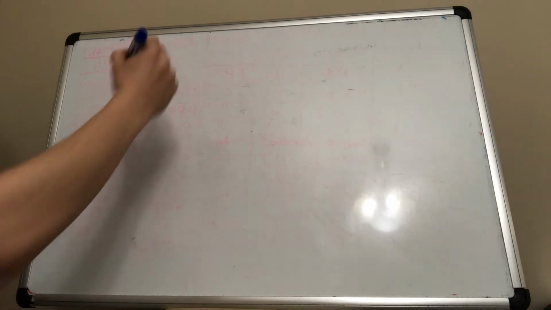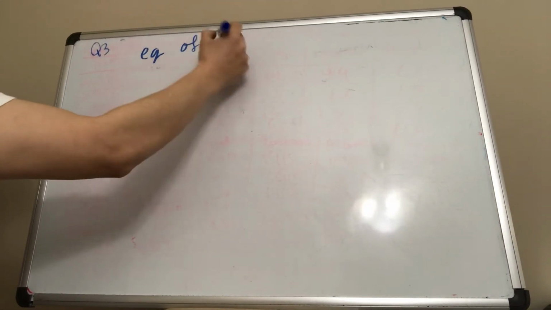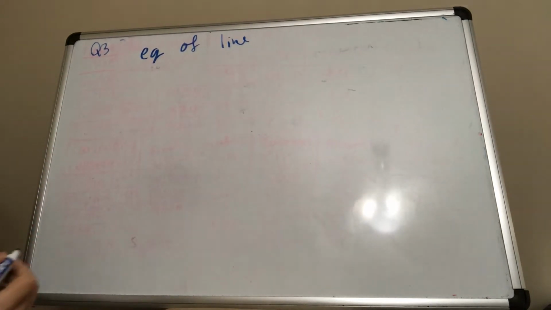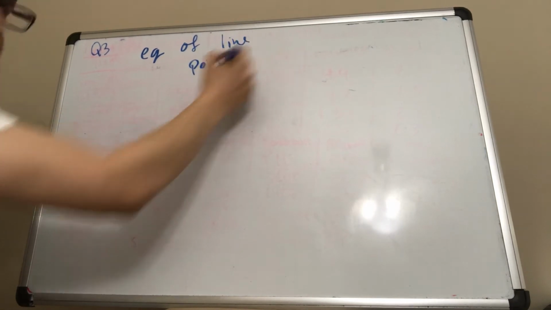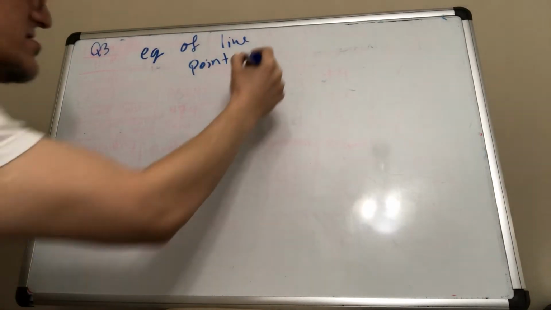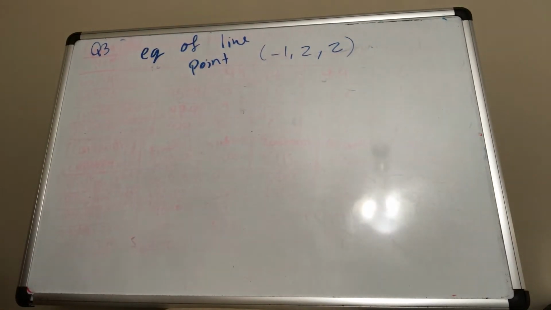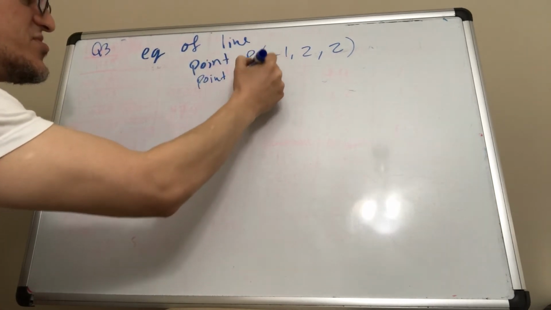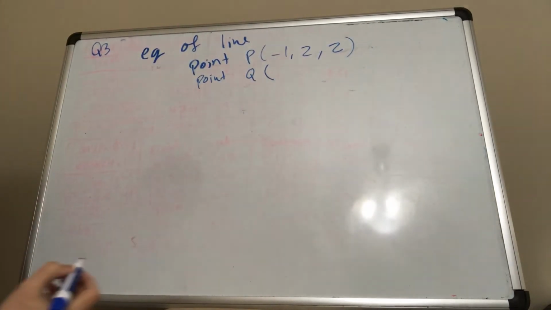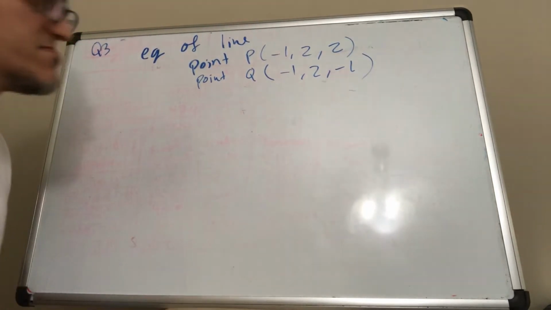Now we go to question 3. You want to find the equation of the line through the points -1, 2, and 2, which they call point P, and point Q, -1, 2, and -1.